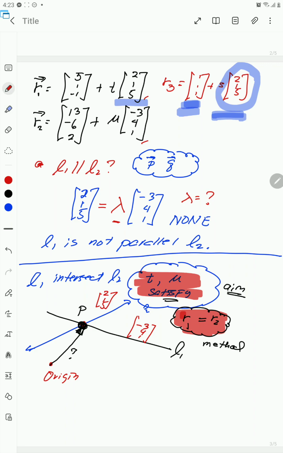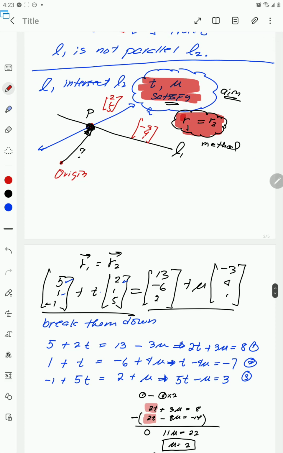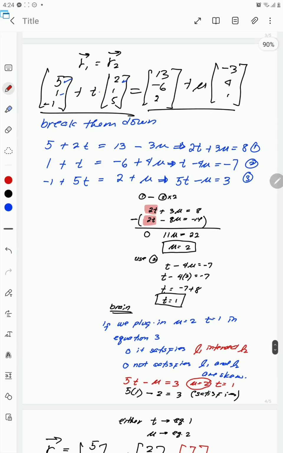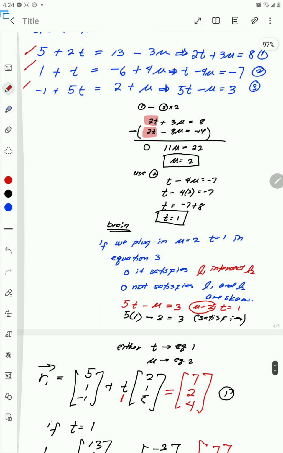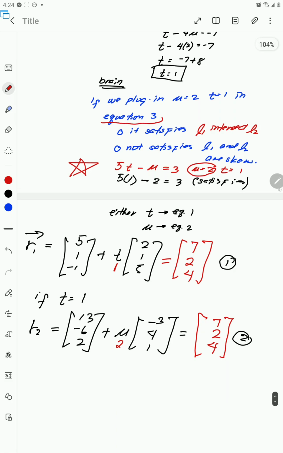So, if they intersect as what we have said, the aim is to find a t and mu that will satisfy both of them, and the method is to make them equal with each other. Then you will get three equations which you need to solve simultaneously. After solving simultaneously, you will get the value of the t and the mu. Then you check with equation number 3.